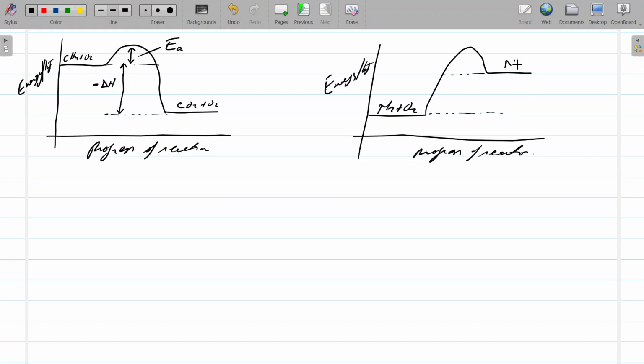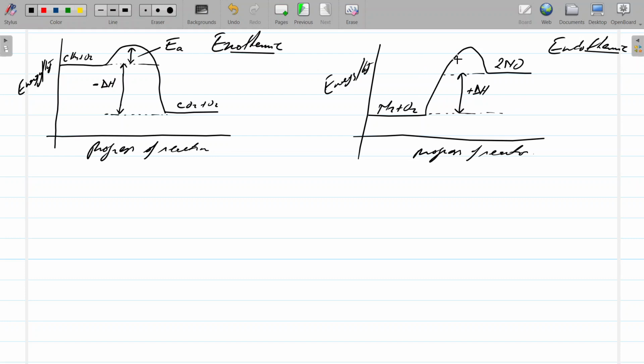You've got NO, and these are all gases. What's the enthalpy change over here? What is the difference between the energy of the products and reactants? This. So you make a line that's touching the dotted lines and you make sure the arrows are touching. And this is a positive delta H. So that is the difference between the energy levels of the product and reactant. So this is an endothermic reaction. This is exothermic.